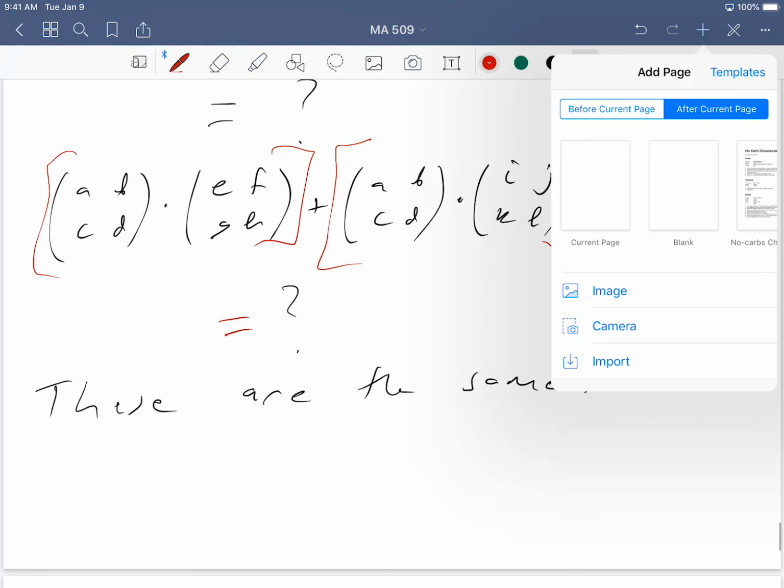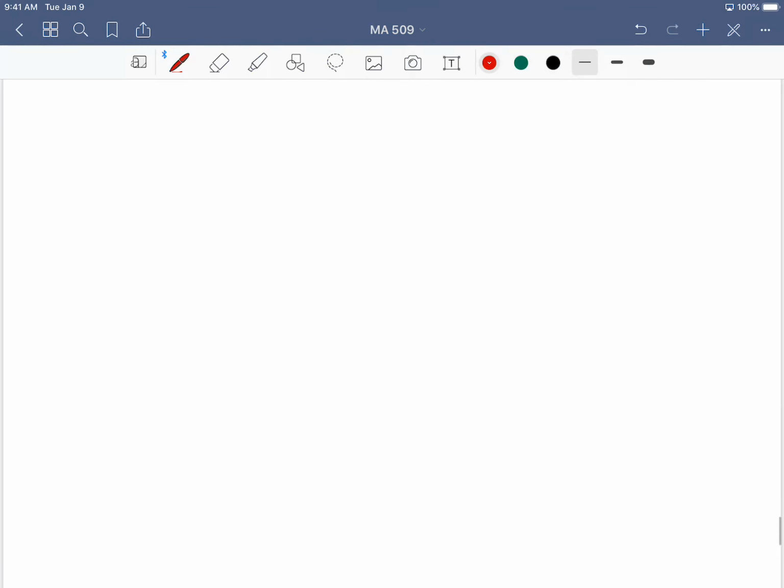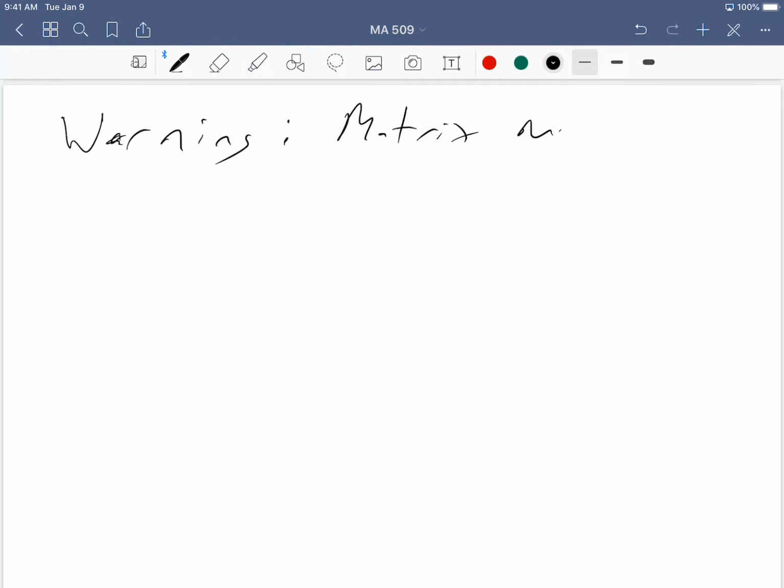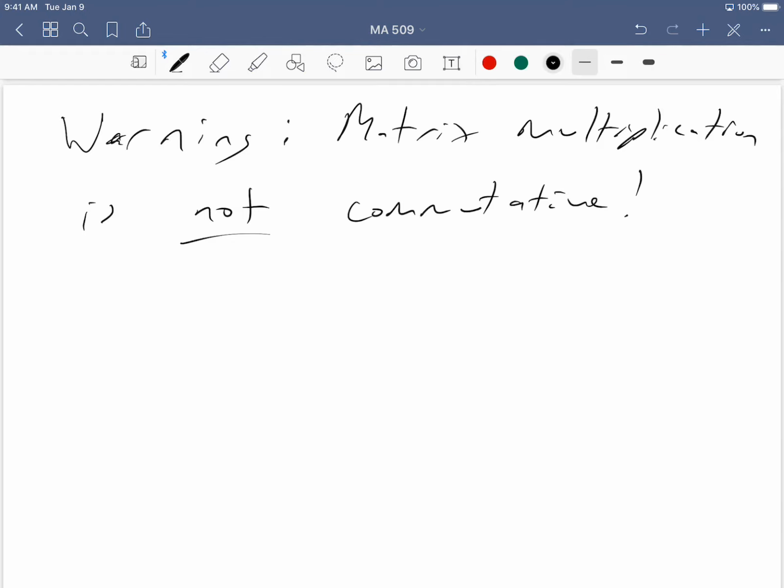All right, now we have one big warning with matrix multiplication. So matrix multiplication does not satisfy something we're used to. So matrix multiplication is not commutative. Okay.